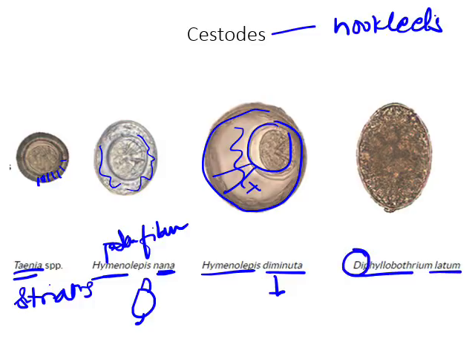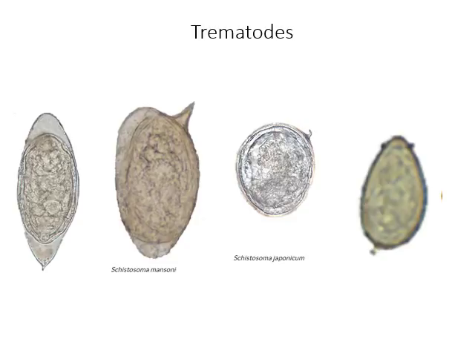Diphyllobothrium latum, we said di means it has on 2 sides something, operculum and a knob. So that is the operculum and this is the knob on the other end. So the only cestode with operculum is Diphyllobothrium latum. Coming to trematodes, here we see a terminal spine. Terminal is haematobium. So this is Schistosoma haematobium. This is a lateral spine.